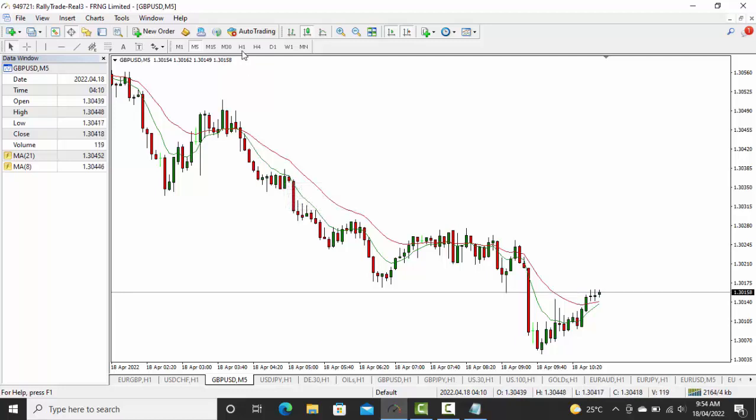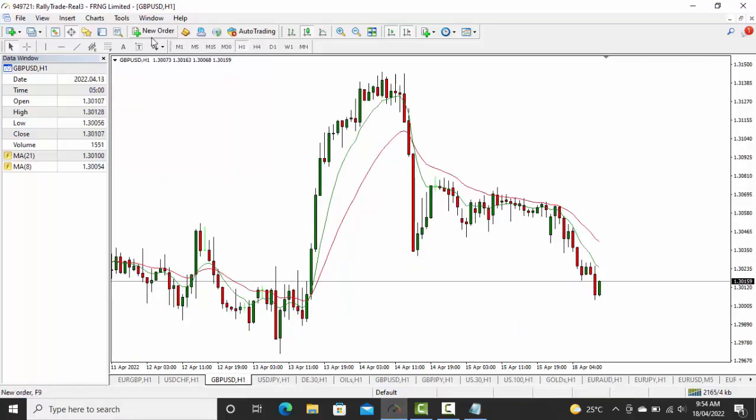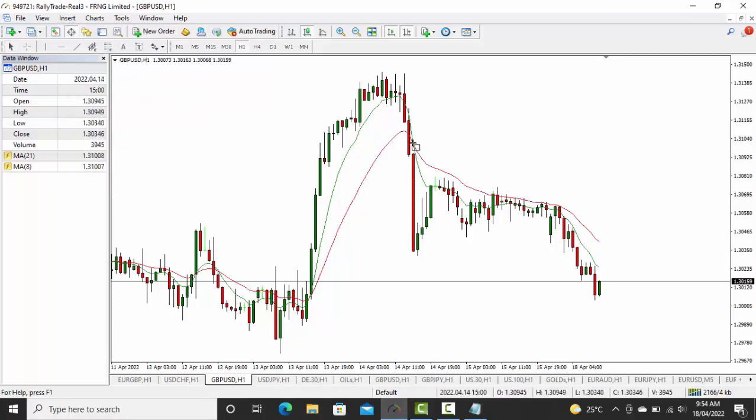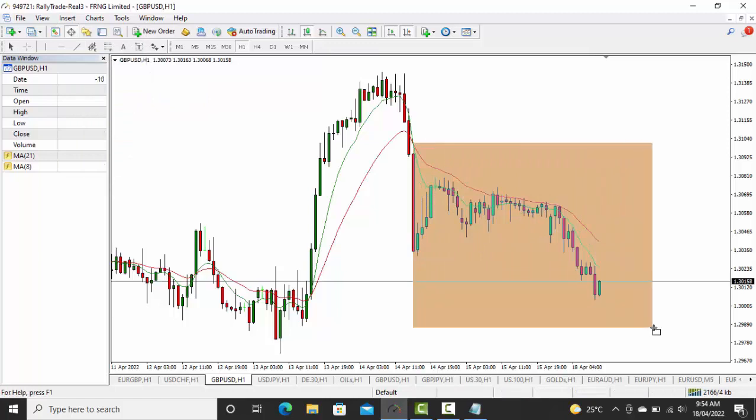Let me even go to H1 first. Yeah, so I mark out the zone where I've had the red trading above the green like this. So that's the portion on the H1 time frame where the red has been trading above the green recently.